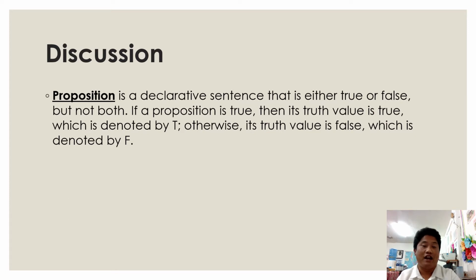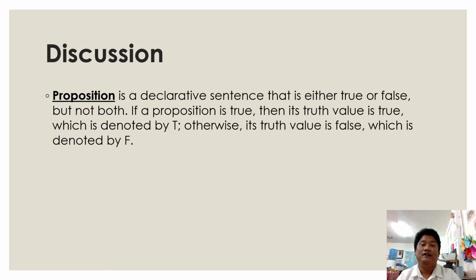And it could be either true or false, not both. So meaning a sentence that could be determined as true or false. If you cannot determine if it's true or false, then it is not a proposition.